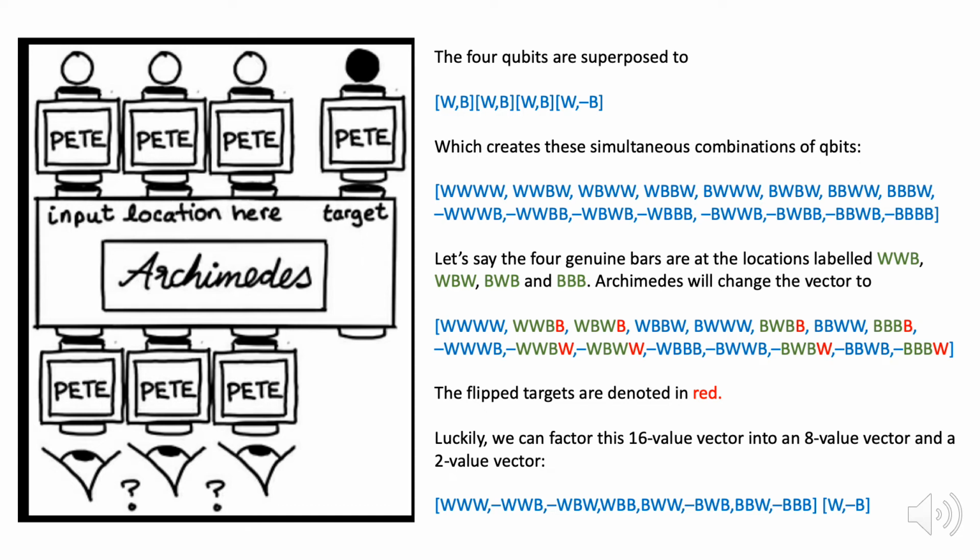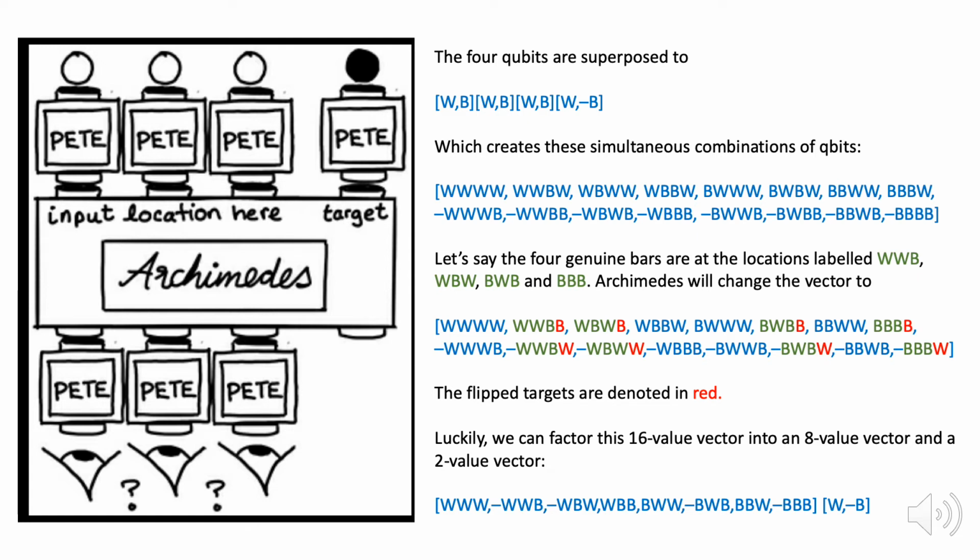As each white ball passes through a PEAT machine, it's going to come out superimposed as both white and black. The black ball that we put in the target will come out superimposed as white and negative black. The 4 qubits that now go into the Archimedes machine can be in any combination of each of the superpositions, so you get a superset of all possibilities. Those 4 qubits can now exist in 16 different combinations.